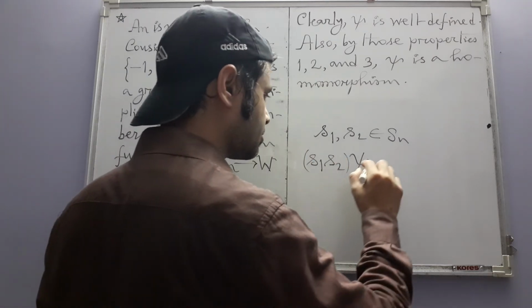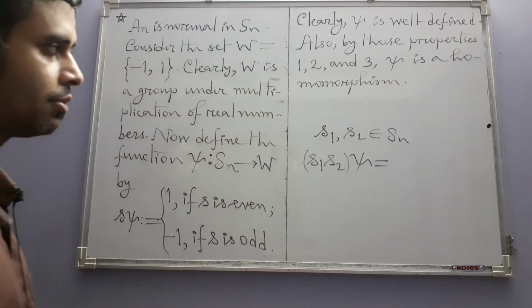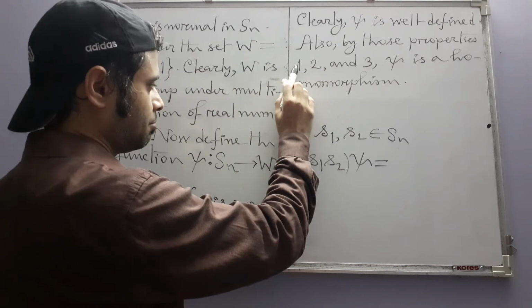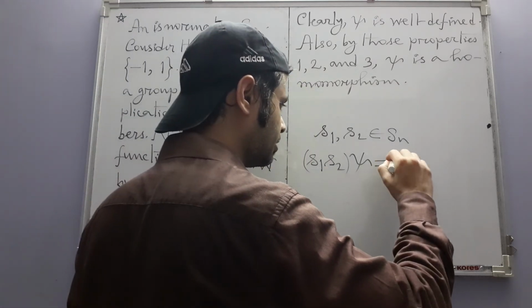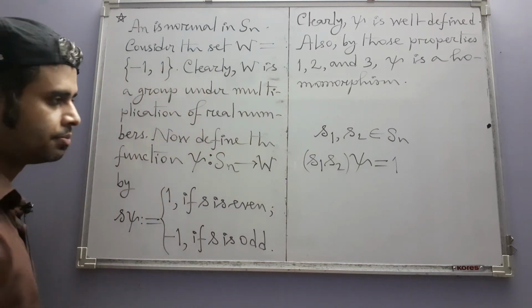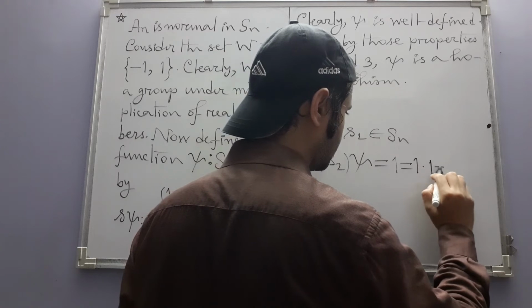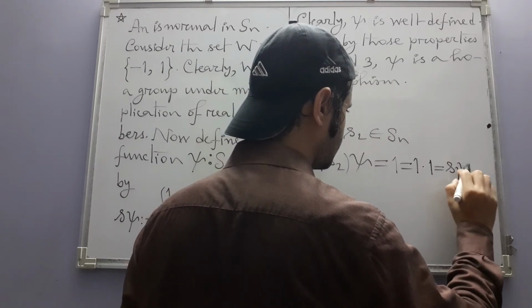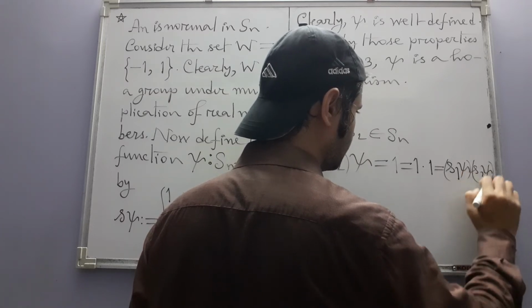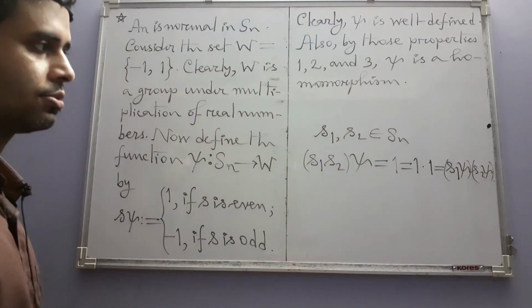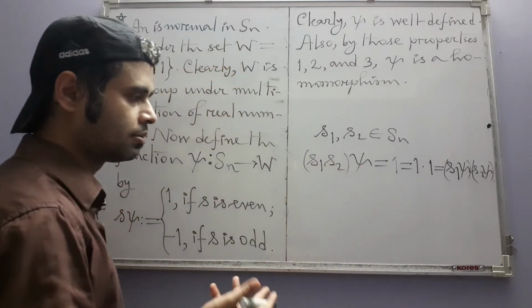If S1 and S2 are both even, then their product is also even. In fact, that is property 1. So S1 S2 is even, so by the definition of psi this is 1. But 1 is also 1 times 1, and S1 is even means 1 is S1 psi, S2 is even, so 1 is also S2 psi. So you can see that the product has been respected by psi.